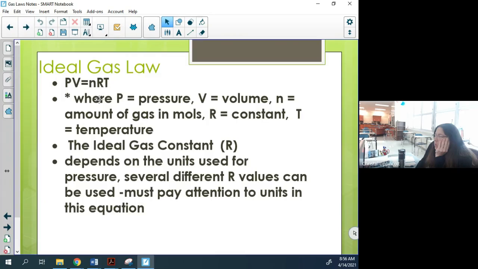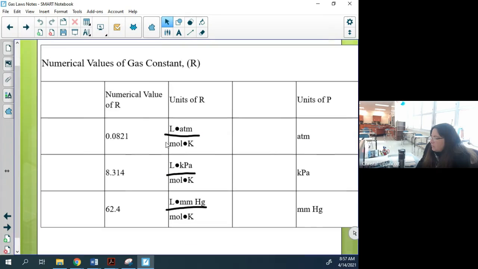All right, P is pressure, V is volume, n is number of moles, R is a gas constant, which we'll get to in just a second, and T is temperature. Now, let's look at this gas constant. The difference between these gas constants is what your pressure is given in. If your pressure is given in atm, you're going to use this number.